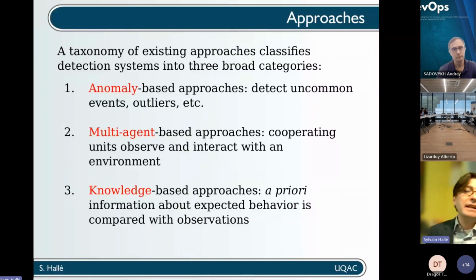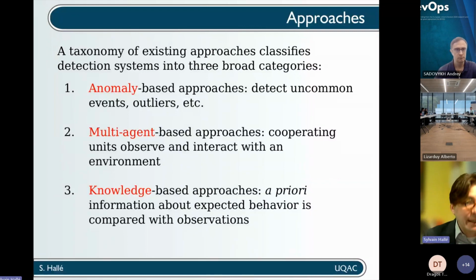The third family is called knowledge-based approaches, where you have information that you know in advance about the expected behavior of the system. Then you compare the observation of the execution of the system with this information to decide whether the system is behaving normally or not.